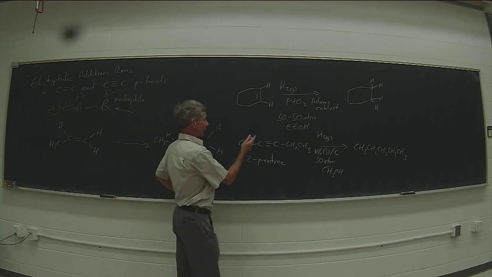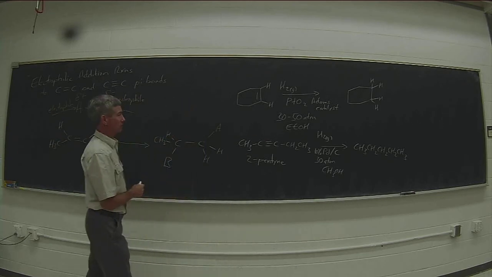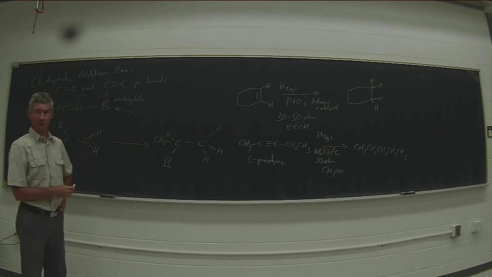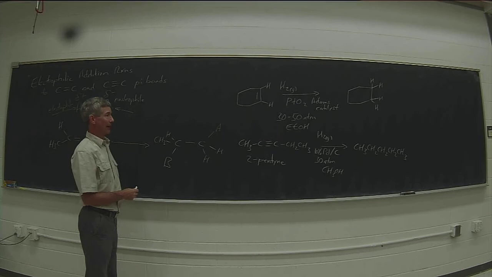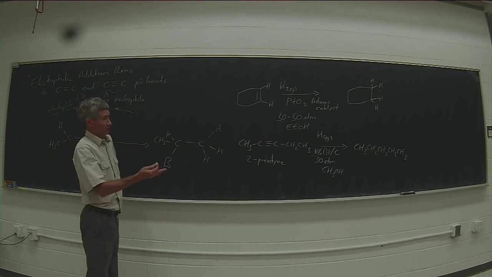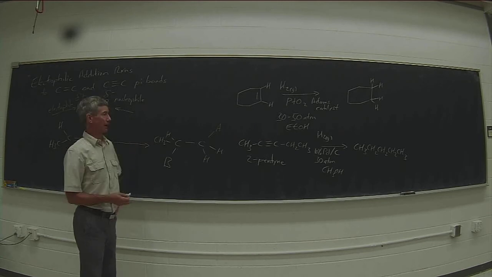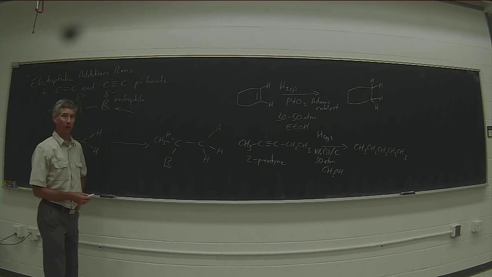So catalytic hydrogenation is a way of taking alkenes and alkynes and producing from them alkanes. Generally not just an alkane, generally somewhere in a larger molecule that has other functional groups present as well.